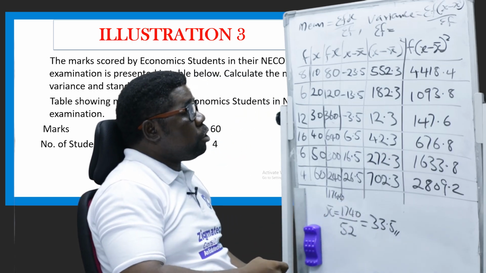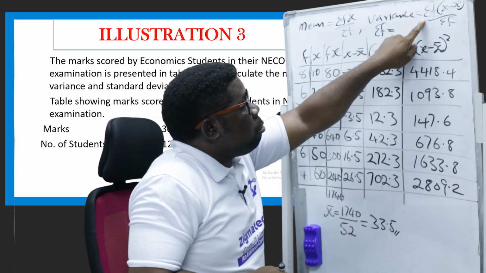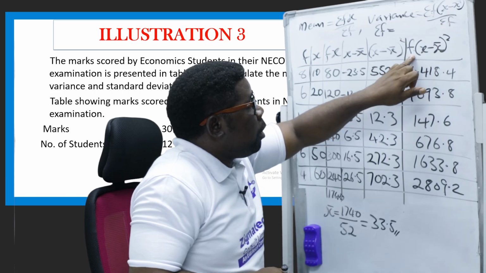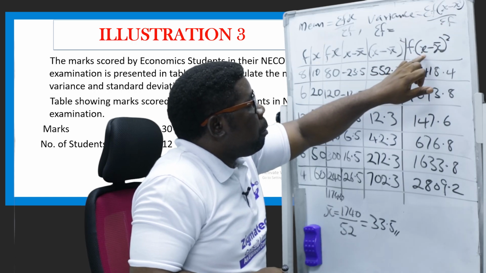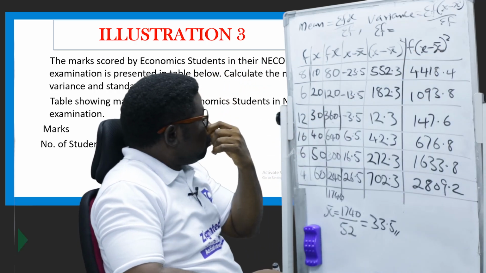Yes, we are here. We are closer to our destination than ever. What do you do? You sum, because this formula says summation of f bracket x minus x bar squared. So we're going to sum it up now.